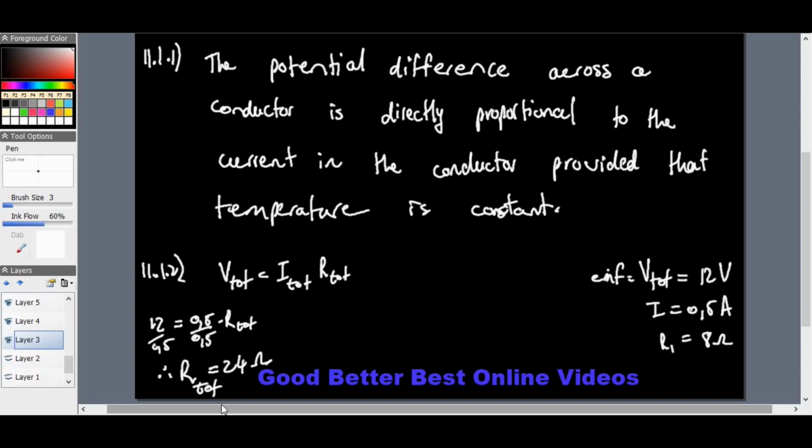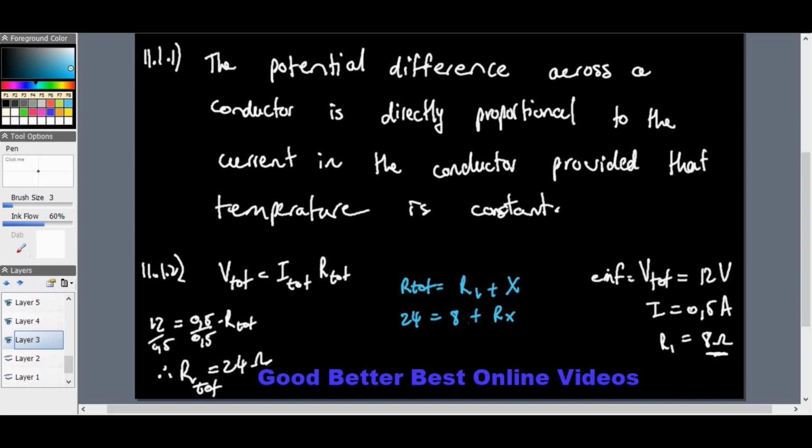Alright, now we asked about resistor X, but we were told that one of the resistors was 8 ohms. So if we say the total resistance must be the sum of R1 plus Rx, right? So we have 24 is equal to 8 plus Rx.